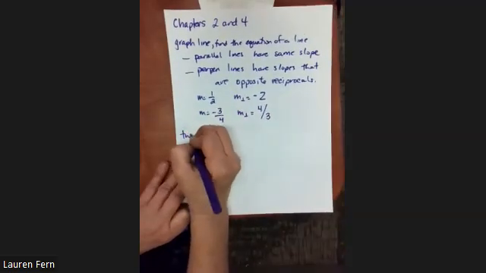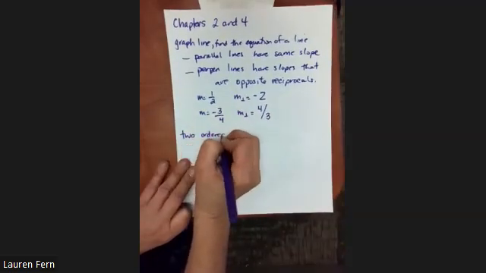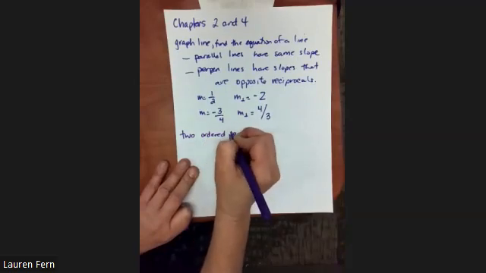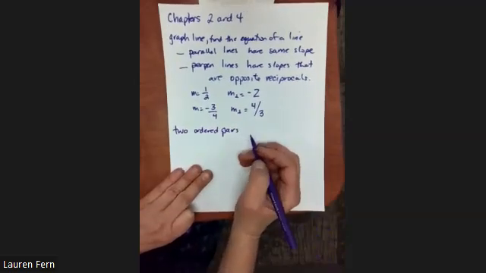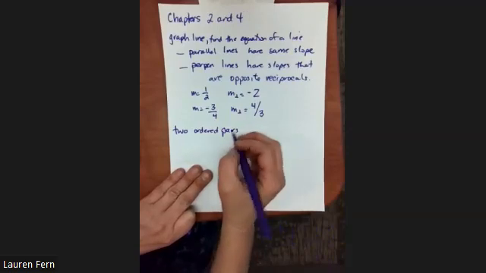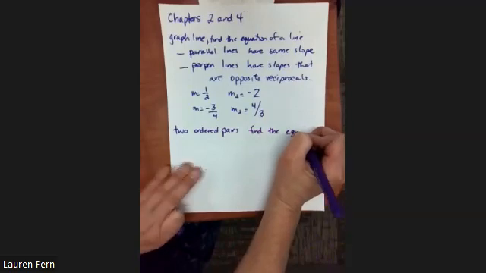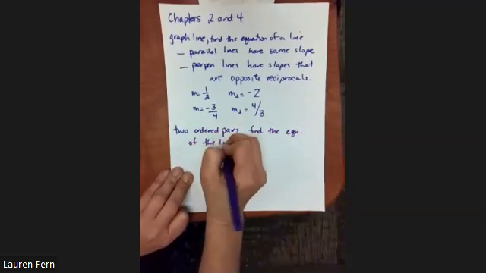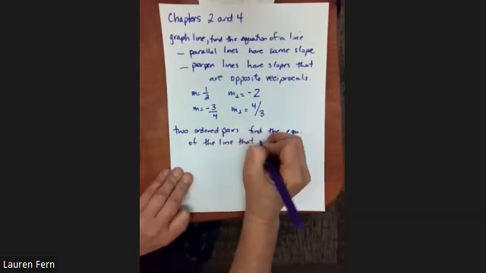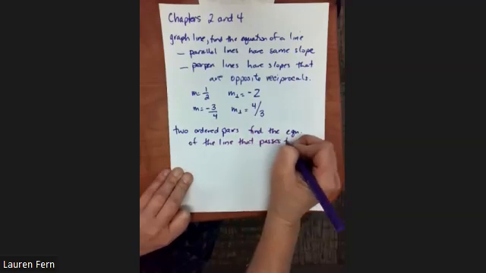Hey, if you're given 2 ordered pairs, I'm going to ask you to find the equation of the line that passes through those 2 points.